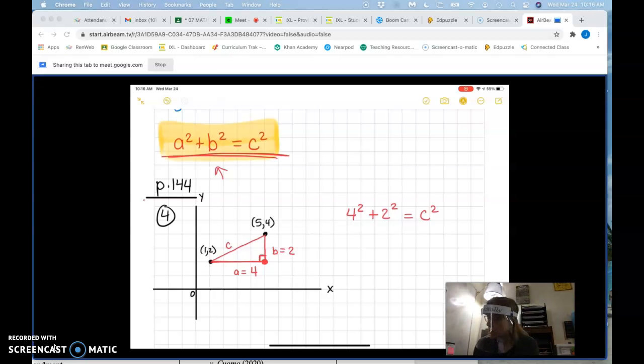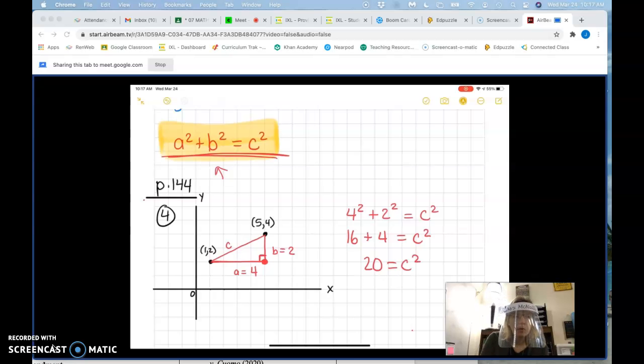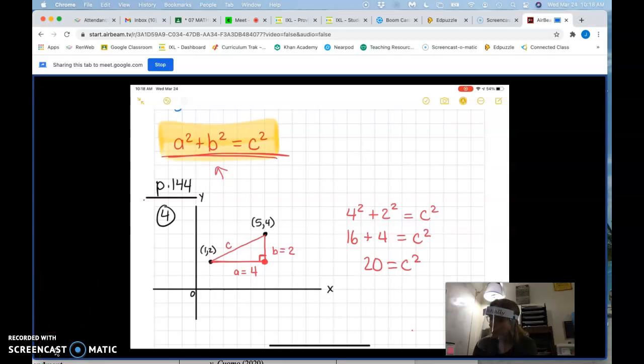So what is 4 squared? 16. Yes. What is 2 squared? 4. What is 16 plus 4? 20. Good. Okay, write this down. Okay, so Cameron was walking us through how to finish solving the problem.